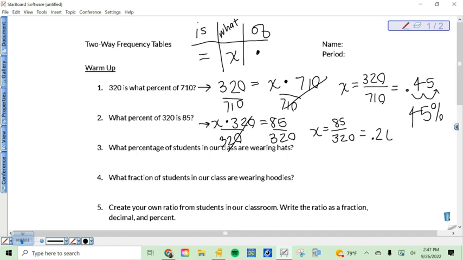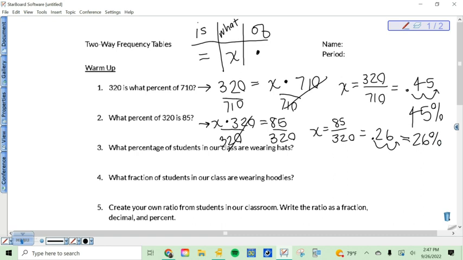I would say 2 places past the decimal is usually a good bet. So 0.26. Don't round that to 30% because that's off, right? And what is this as a percent? Yeah, 26%. Is that clear? So is equals, what is x, and of is times. That's the way I figured those out at least.